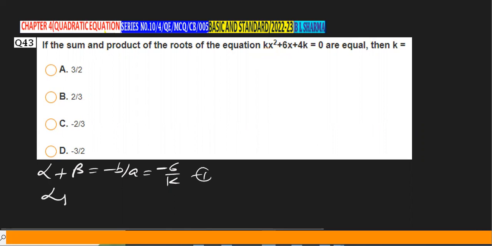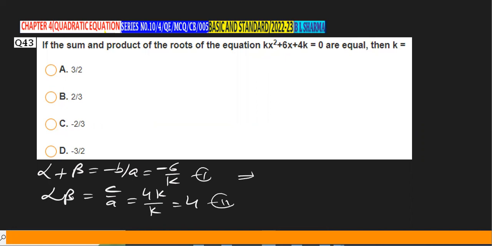And product of zeros is given here, that is c upon a, that is 4k upon k, that is k and k cancel, that is 4. So it is given that sum of zeros is product of zeros. Sum of zeros is given minus 6 upon k. Product is given 4.